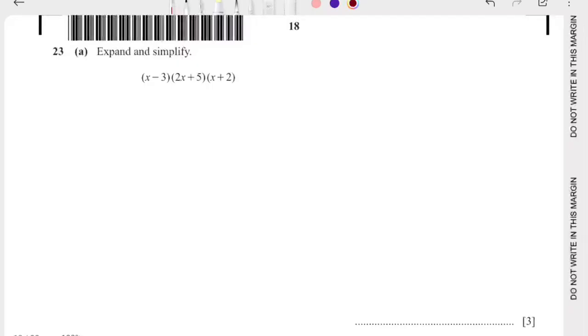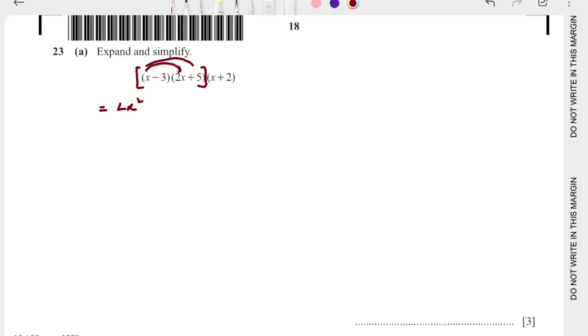Now next question, expand and simplify. This question is very trendy. So first of all, we can multiply these two expressions. x times 2x is equal to 2x².